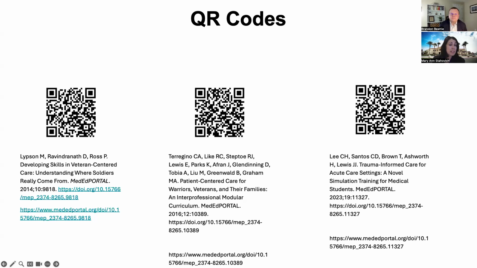And then finally, we did want to share with you some QR codes for those two workshops on MedPortal that I had mentioned earlier. This can make it a little simpler potentially to plan inclusion of veterans in one's curriculum. There is also a third workshop here that talks specifically about a trauma-informed approach for veterans and others.